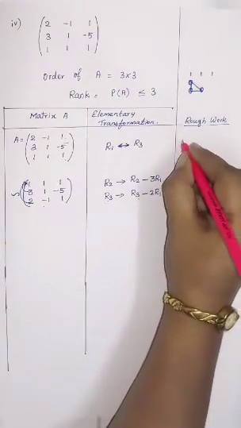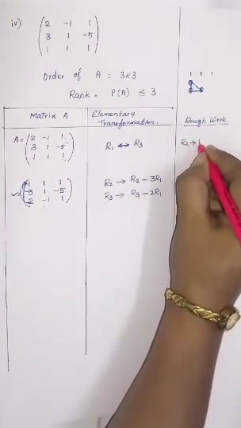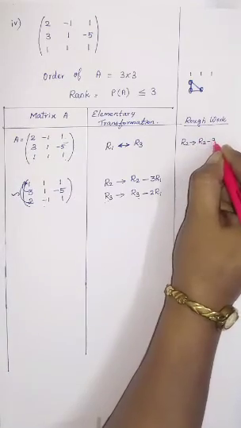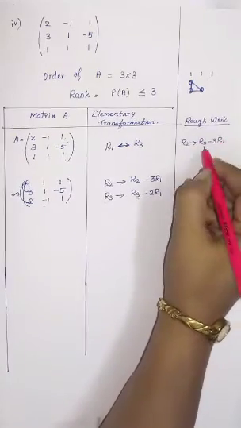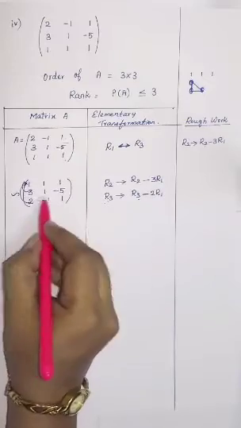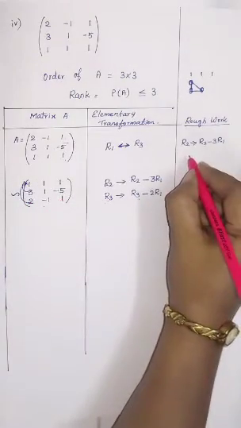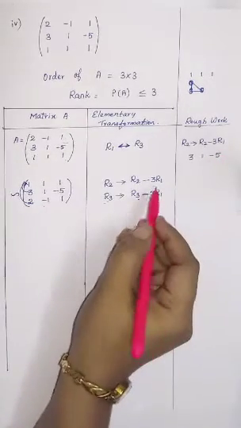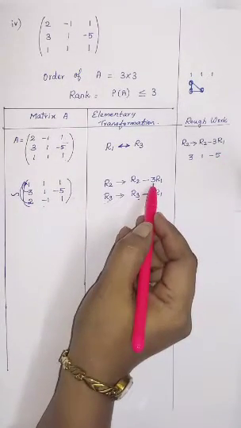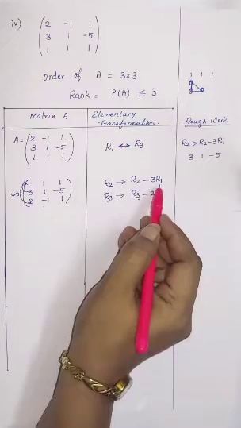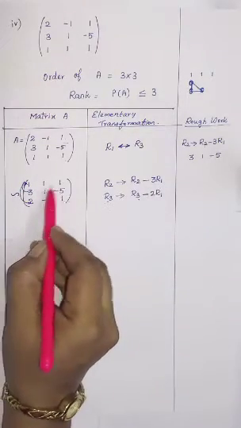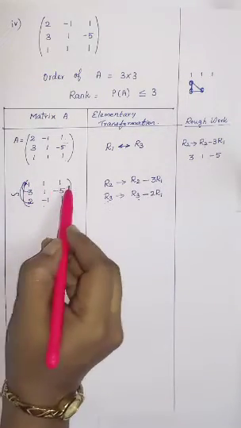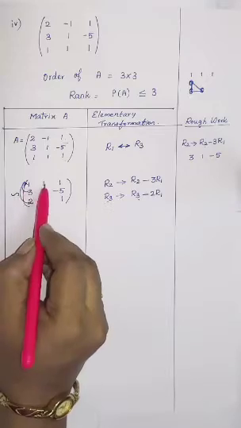So your first one is R2 becomes R2 minus 3 R1. Your R2 is row 2, which is this one. So first write that on top, 3 1 -5. Then multiply R1 by 3. Row 1 is this, all these 3 numbers have to be multiplied by 3, so I'll get 3 3 3 here.